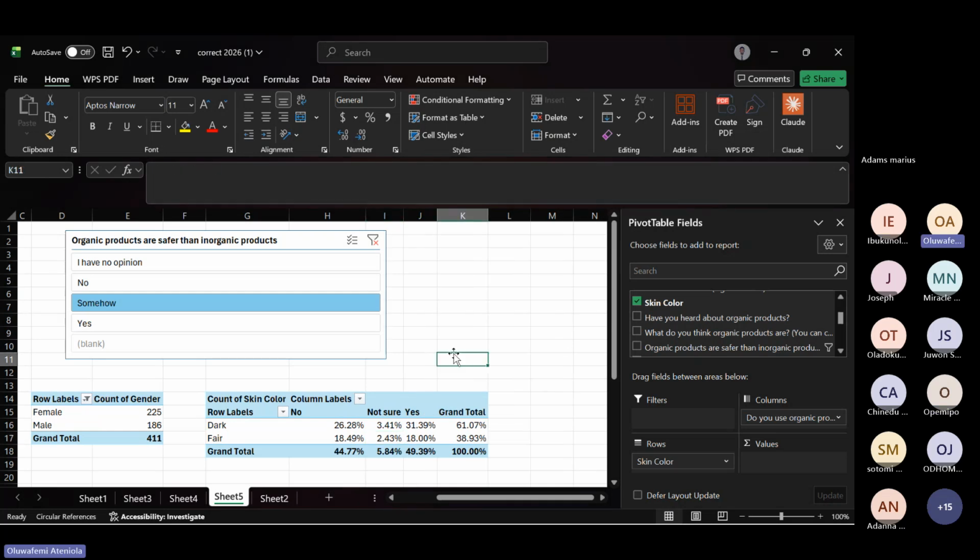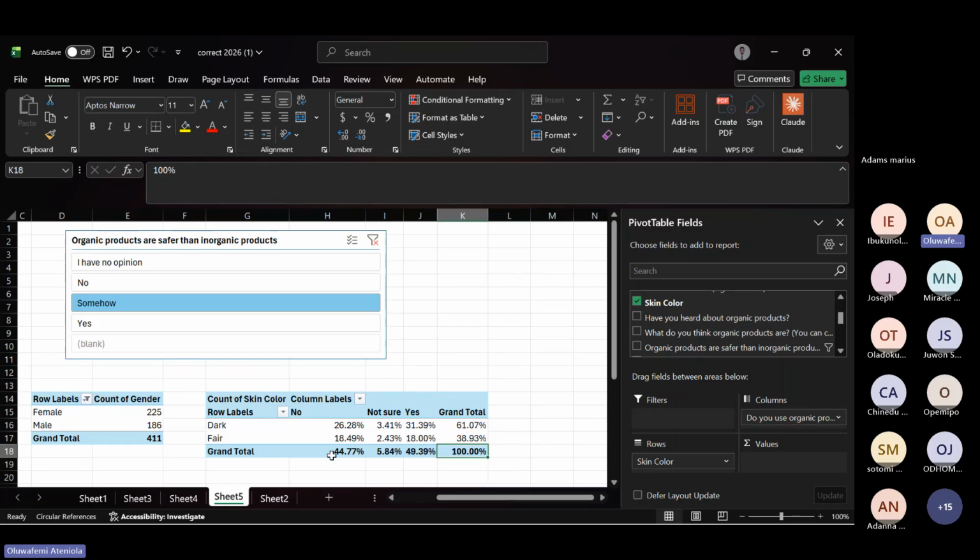Good. So this is where it now comes in. This particular question is asking if they use organic products. This particular one is asking what their skin type is. So inside of this, we are seeing the percentage of grand total. Percentage of grand total means of everything we have here.